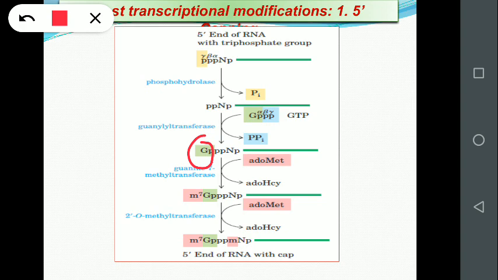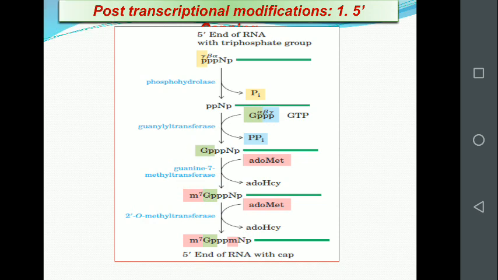The important methylation is at the 7th position of the guanine. That is why it is called 7-methyl guanosine, GTP. So in the capping we will get a 7-methyl GTP cap at the 5' end of the primary transcript. So that is capping.